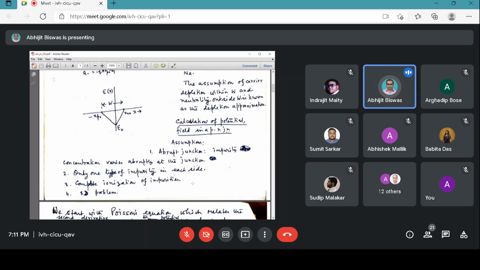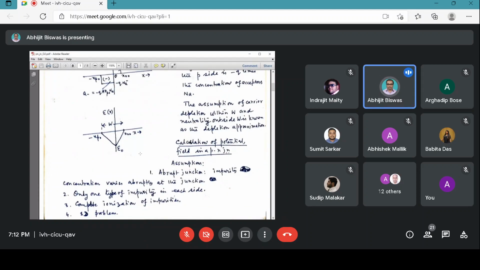So can anyone say why the electric field attains its maximum value at the metallurgical junction? Can you explain why electric field attains its maximum value at the metallurgical junction? Argodip?